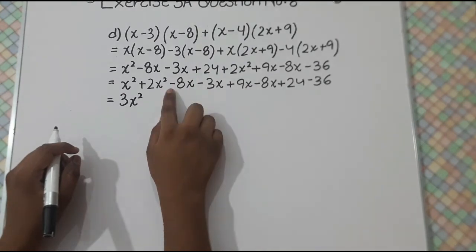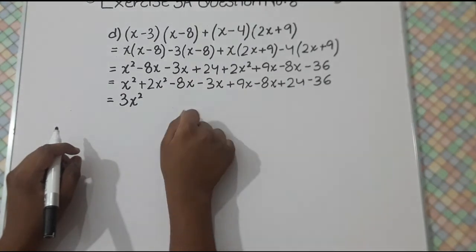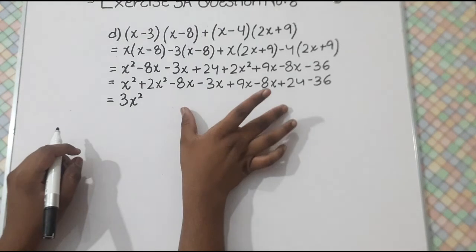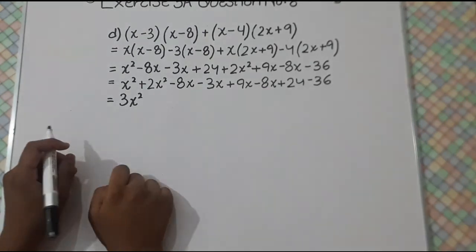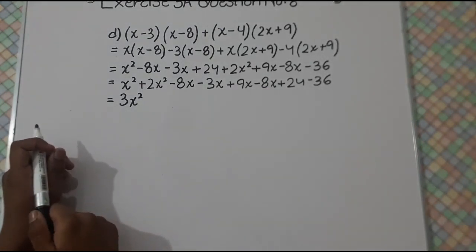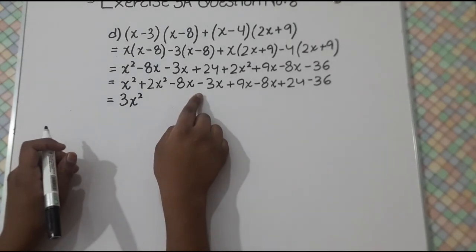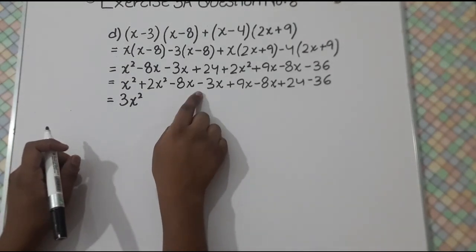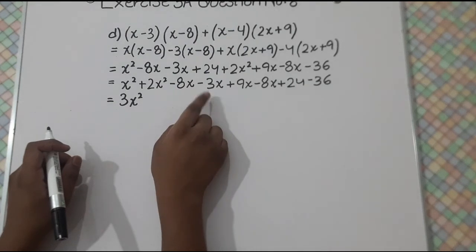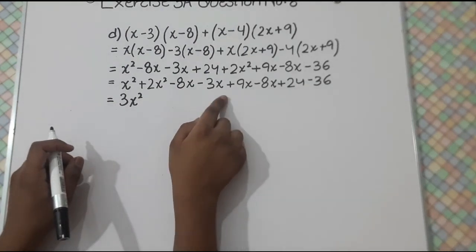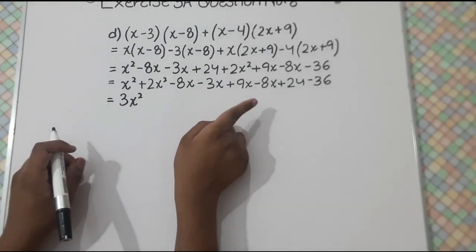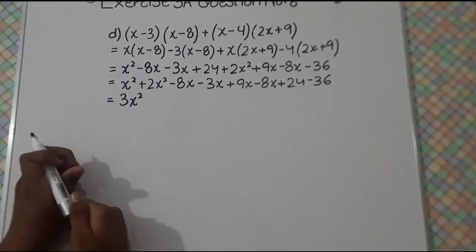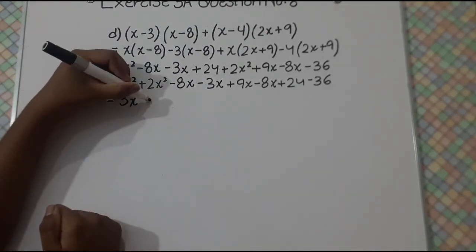If we solve them together, 8 plus 3 is 11, and 11 plus 9 is 20. 20 minus 8, so it would be minus 10x.